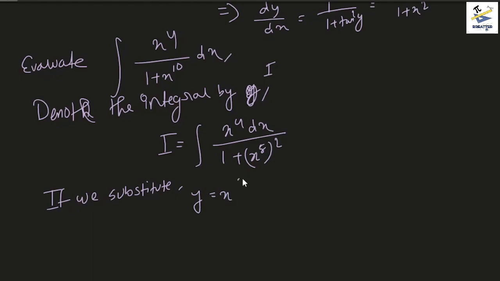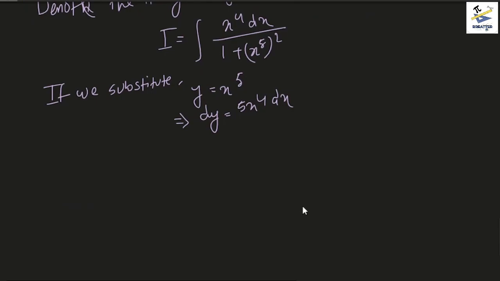if we substitute y equals x to the power 5, what we get is dy is equal to 5 into x to the power 4 dx, right? And what we want is the value of x to the power 4 dx, so therefore x to the power 4 dx should be equal to dy by 5.